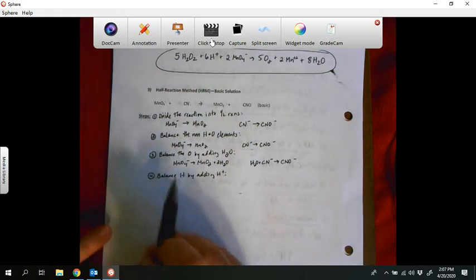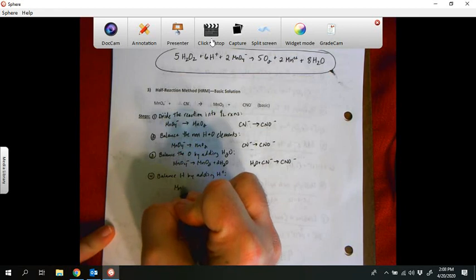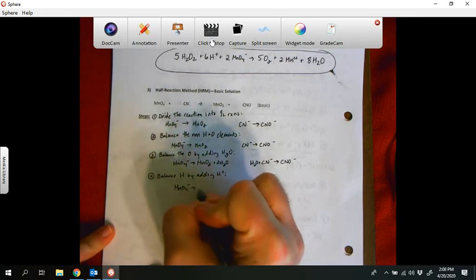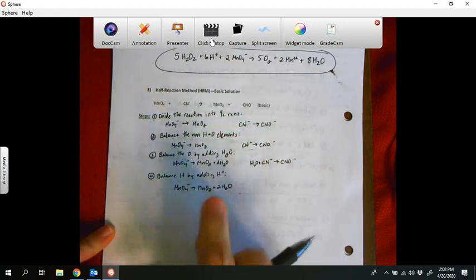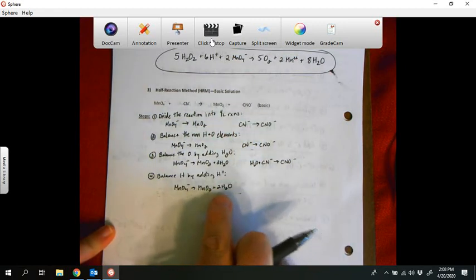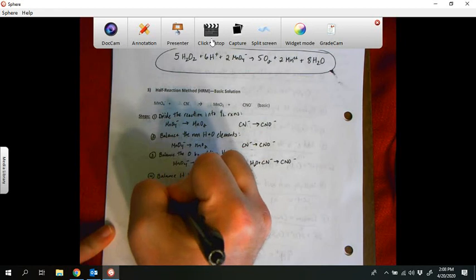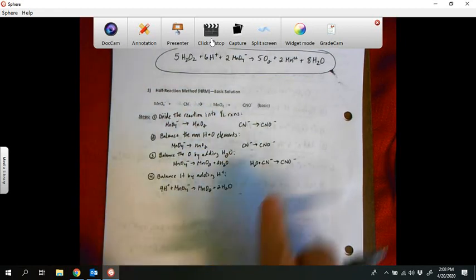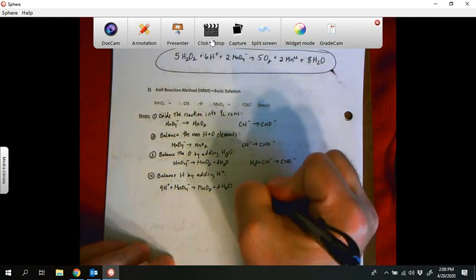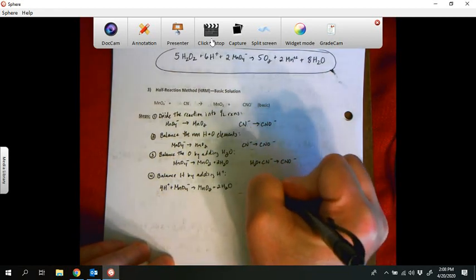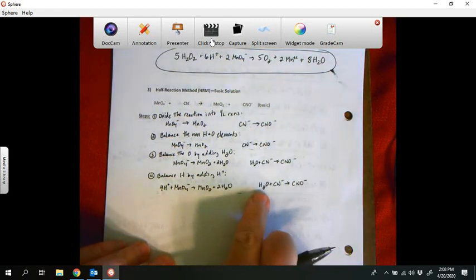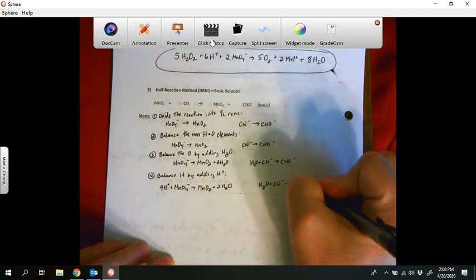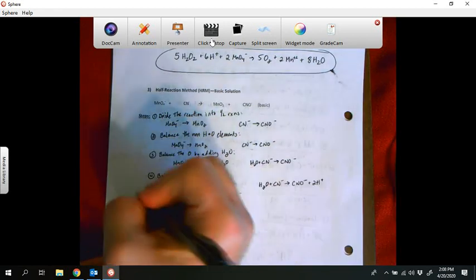So if we look, we have MnO4 minus yields MnO2 plus 2H2O. We have 4 H's on this side, so I'm going to add 4 H pluses to the left side. On this reaction, we had water plus CN minus yields CNO minus. I have 2 H's on this side, so I'm going to add 2 H plus to this side.